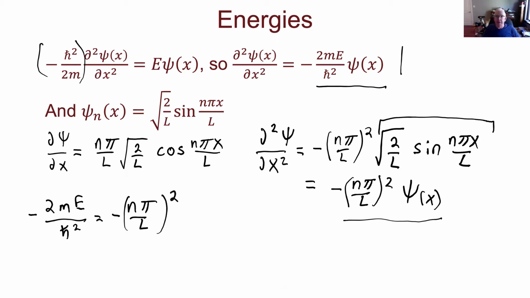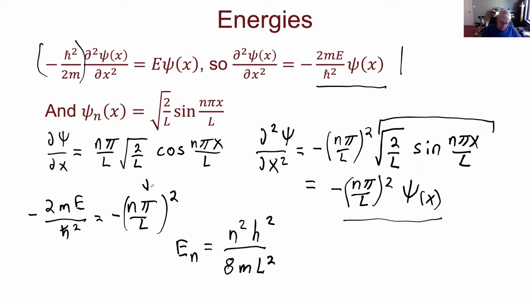If we take that and solve it for E, I'm going to write it as E with a subscript n on it because there's a different energy associated with each different value of n. And what I get is that the energy for state n is equal to n squared h squared over 8mL squared.